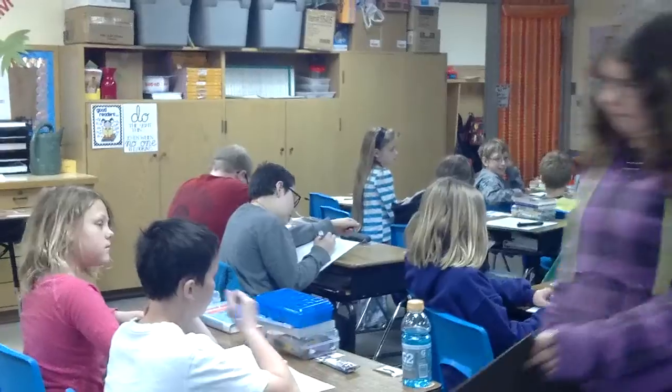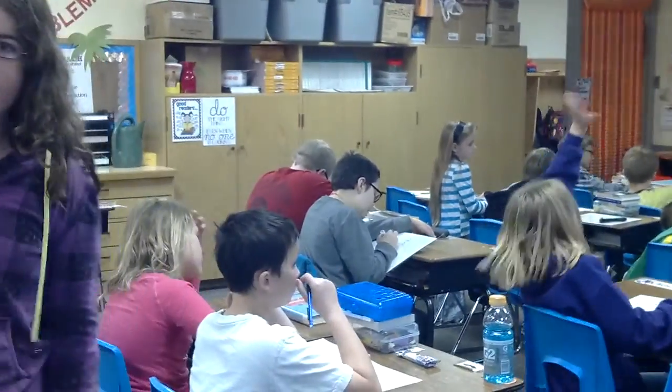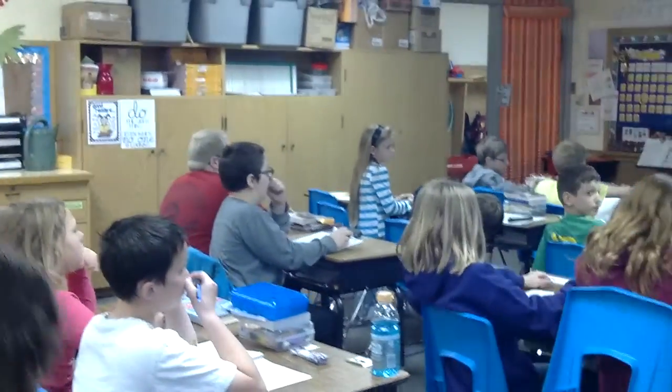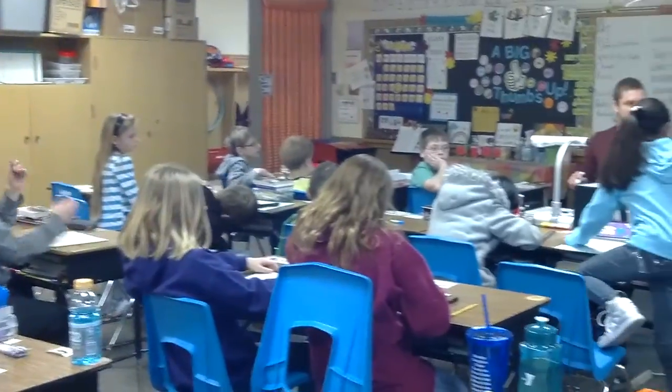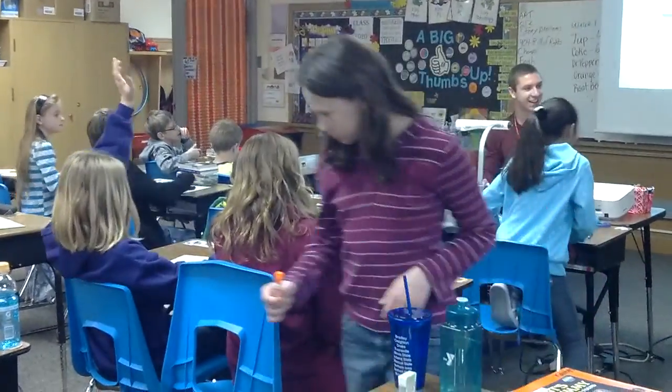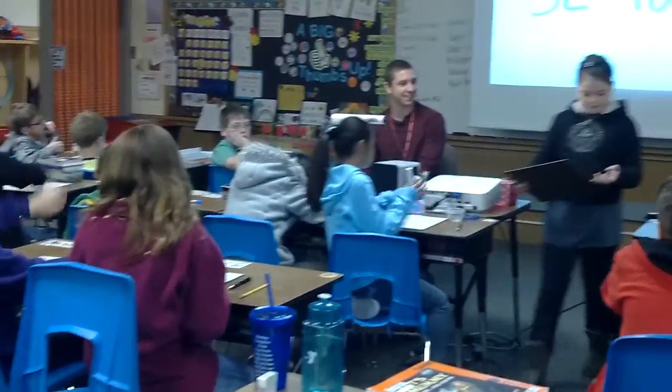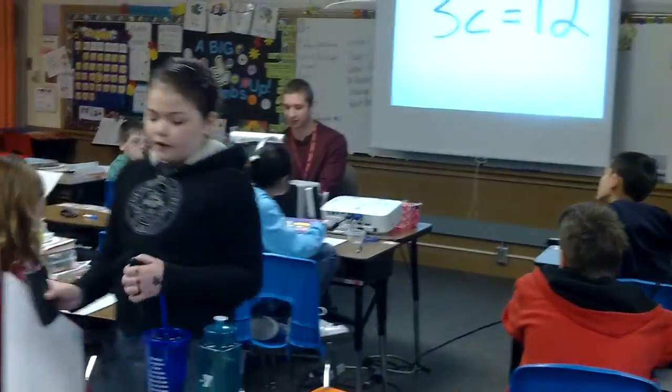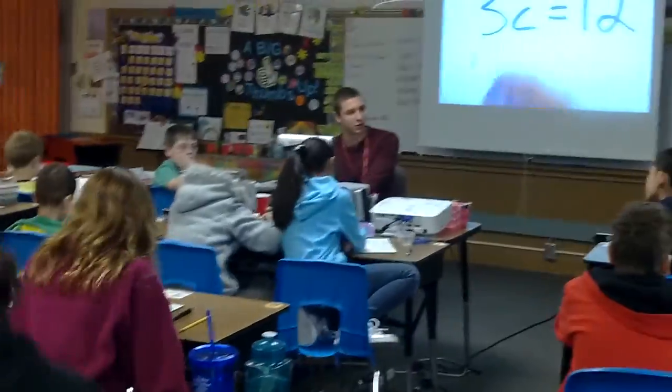Dominic, how did you solve this one? How did you solve it? You don't know how you solved it? How did you get the right answer? 12 divided by 3. Okay, so what did you do to this side?